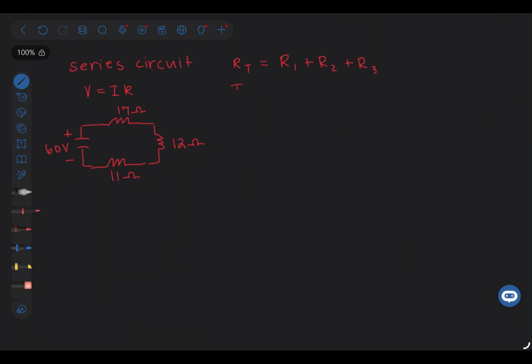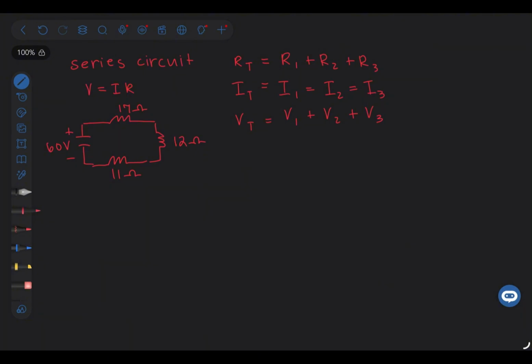For the current, it's going to be the same throughout the circuit. So it's going to be I1 is equal to I2 is equal to I3. And the voltage is going to be V1 plus V2 plus V3.